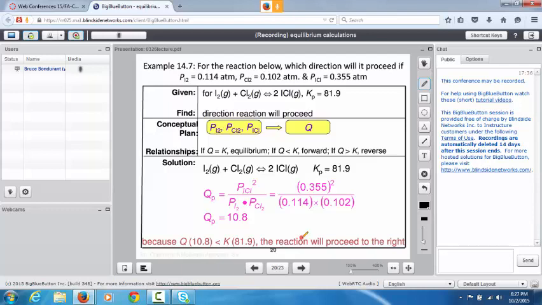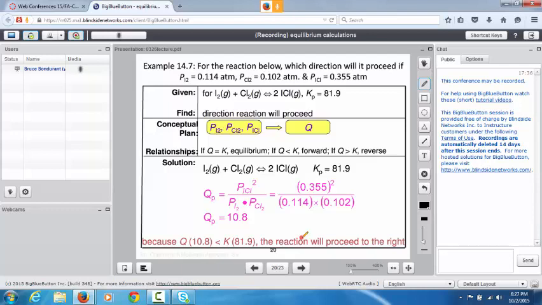So here's predicting a reaction. You have pressures, which you use exactly the same as concentrations. You're given the KEQ, Kp is 81.9. So we have I2 plus Cl2 going to 2ICl.